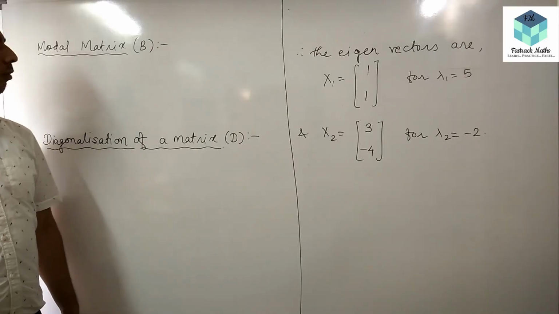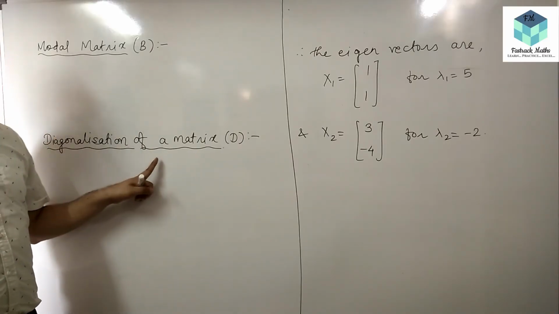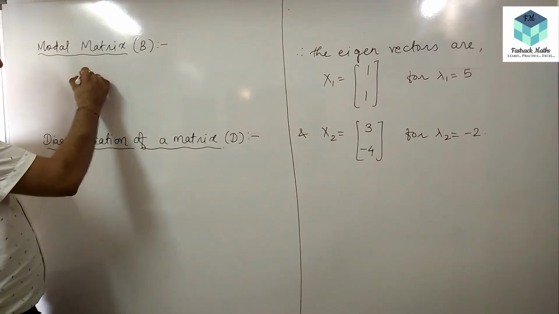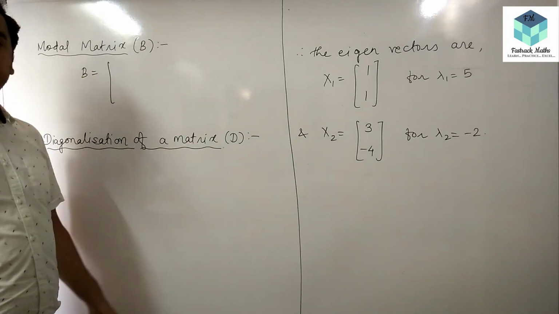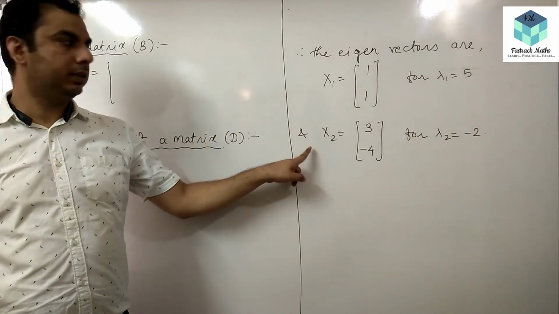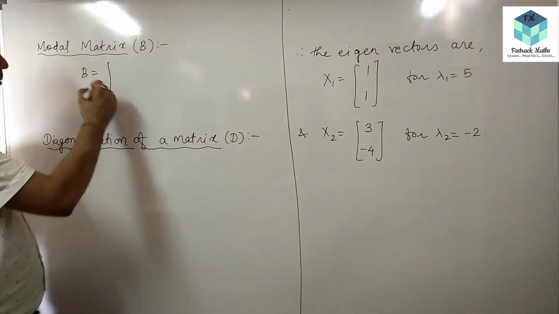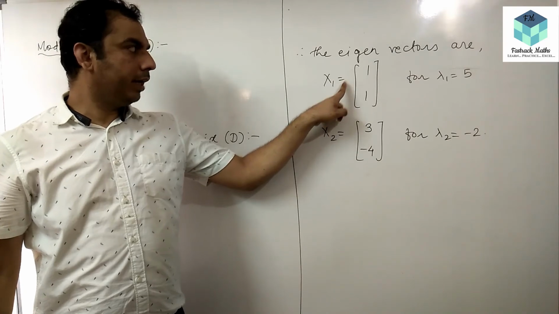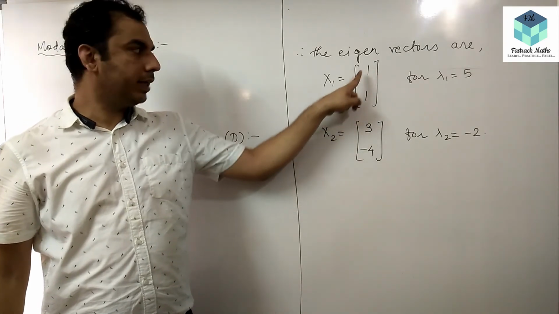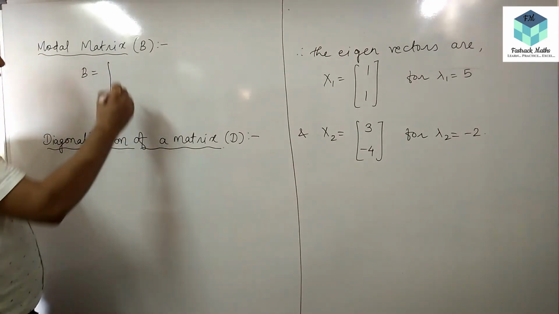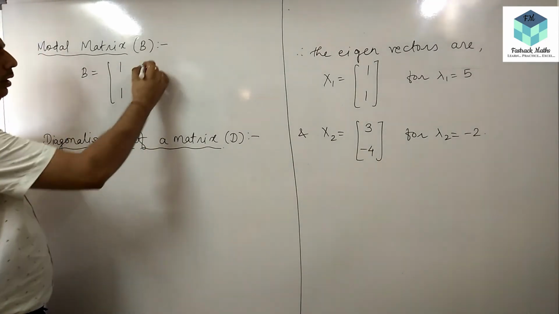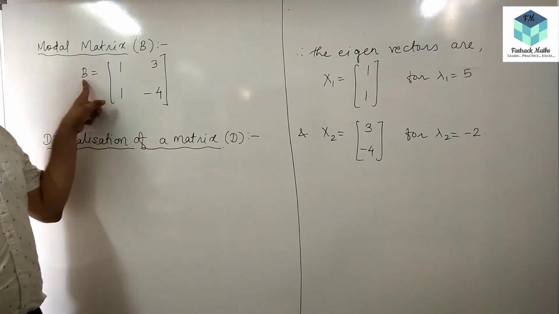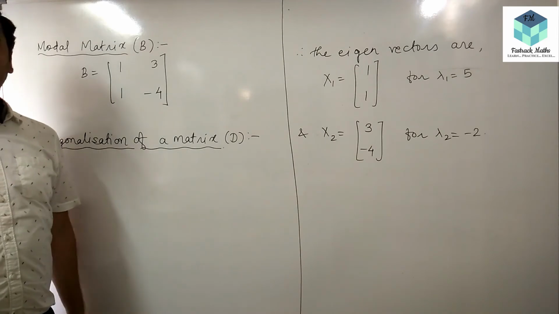Next we will define what we mean by a modal matrix and diagonalization of a matrix. A modal matrix is a matrix obtained by writing all the linearly independent eigenvectors in a single matrix in column form. If we have the eigenvectors for the matrix A as (1, 1) and (3, minus 4), and we write these eigenvectors in a single matrix, then this matrix B is known as a modal matrix.